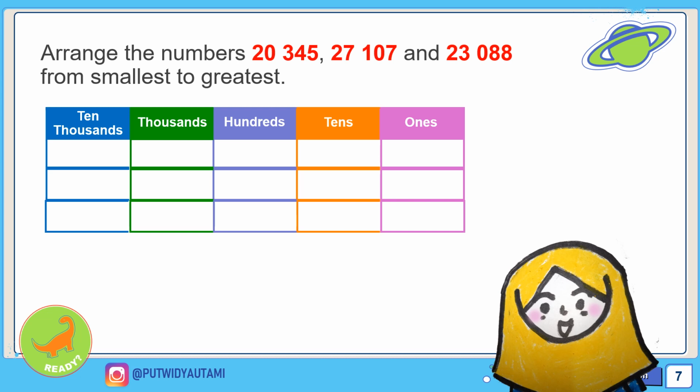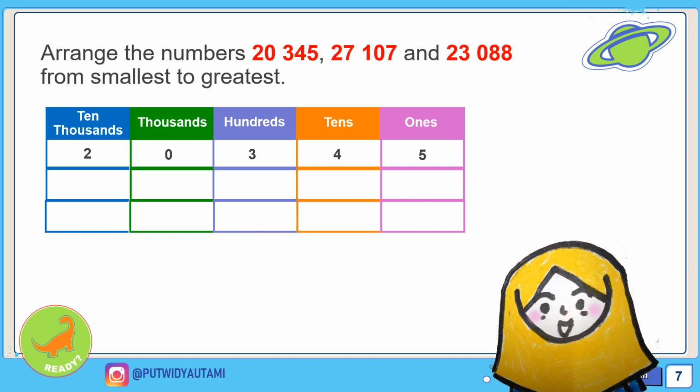First, in 20,345, what is the digit in 10,000s? Yeah, it's 2. What about thousands? 0. What about hundreds? It's 3. What about tens? 4. What about ones? 5. Now, let's move to the next number.